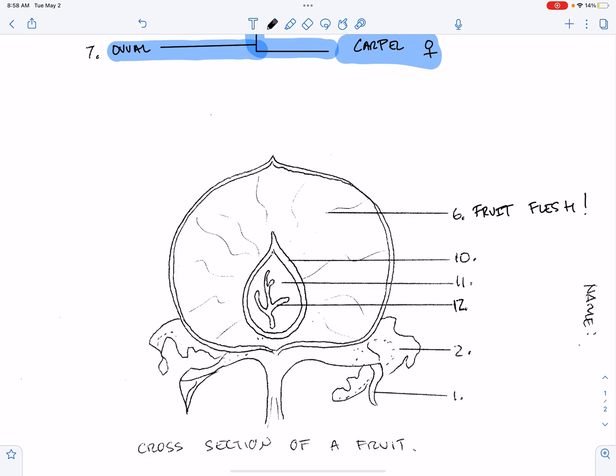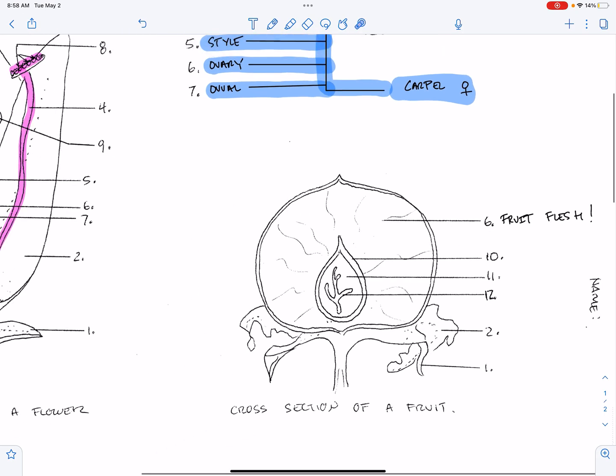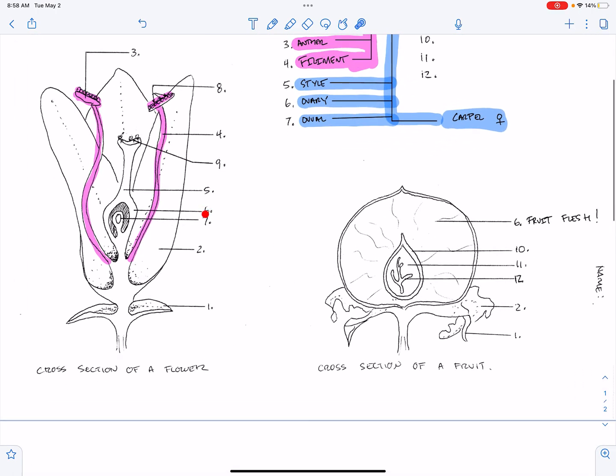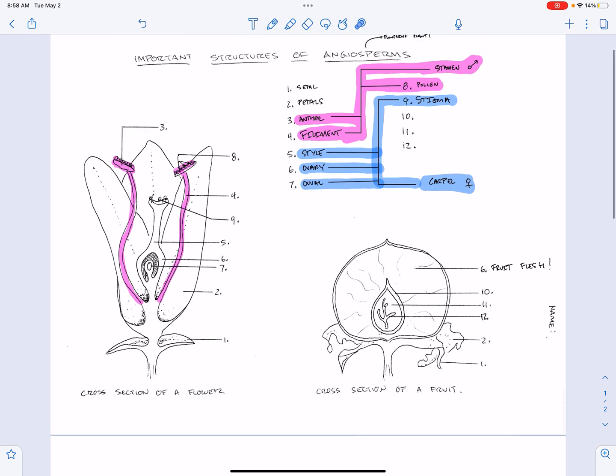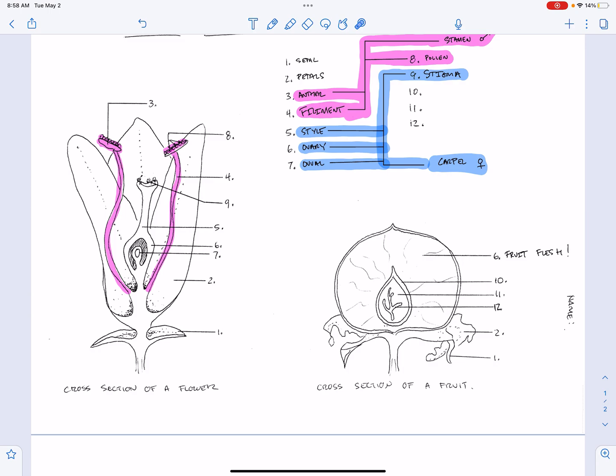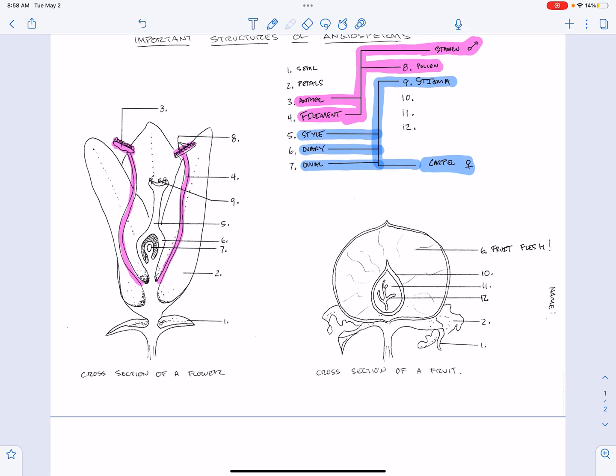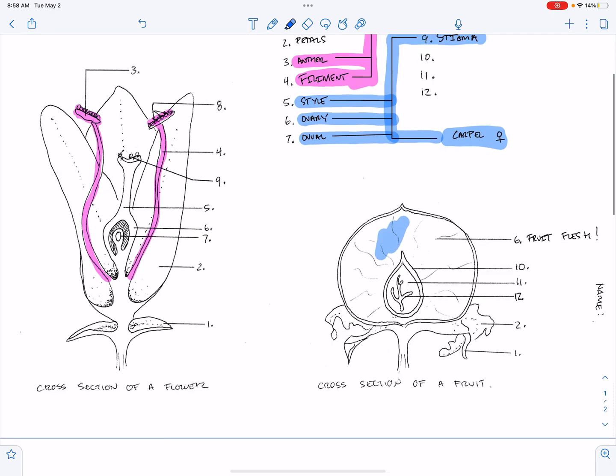So if this is a peach, for example, this would be the flesh of the peach. But notice we labeled number 6 over here as the ovary. So next time you take a big bite of your most favorite fruit, know that you are eating plant ovary. You're welcome. Okay, so we can color this in blue because the ovary has transitioned into becoming the flesh of the fruit.